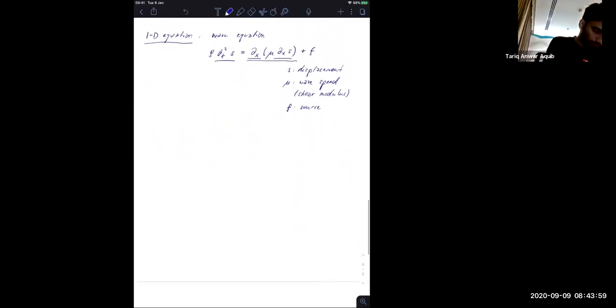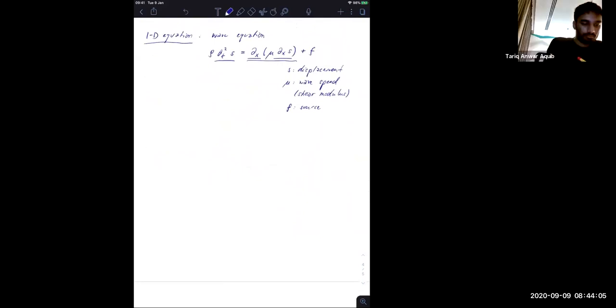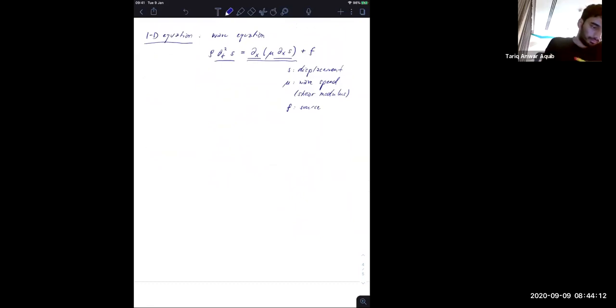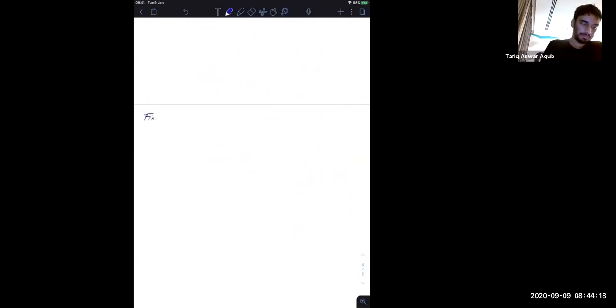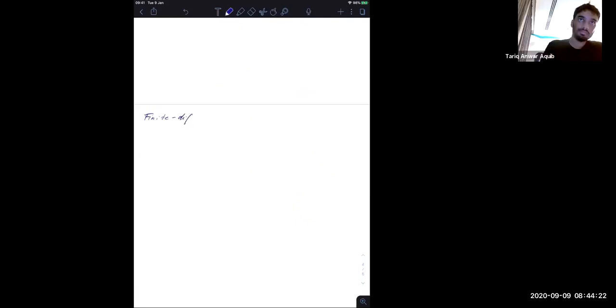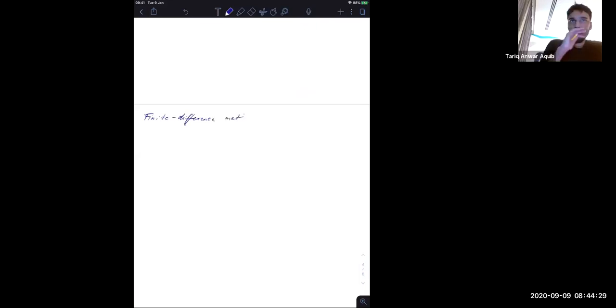So with finite differences, we are going to approximate these derivatives, these differential operators, numerically. So for the finite difference method, let me start a new page here. So that's our first method that we will look at. So the finite difference method.